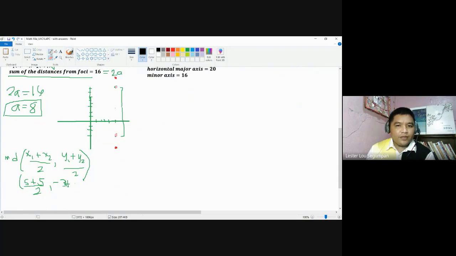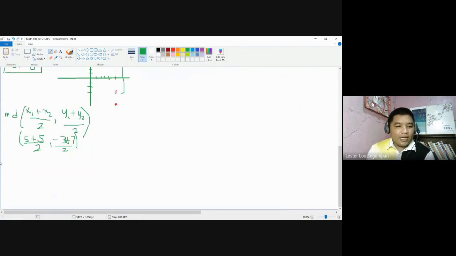So you have here 7. So negative 3 plus 7 over 2. It's okay if it's fractional, but for the purpose of illustrating this, I would like it to still be an integer. So you have 10 over 2, comma, 4 over 2.